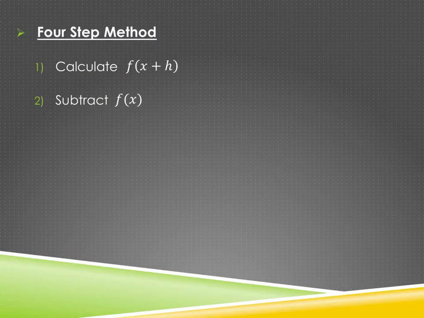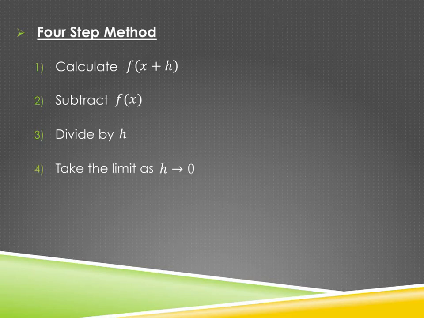So if you're working your way inside my circle that I made before, the next step is that you would divide by h. Once you've done that, you have found a difference quotient. The last step to actually finding the derivative then is to take the limit as h approaches 0.